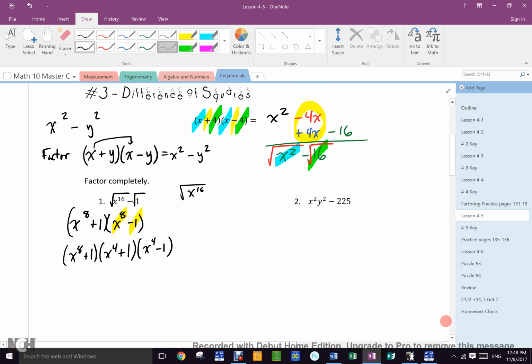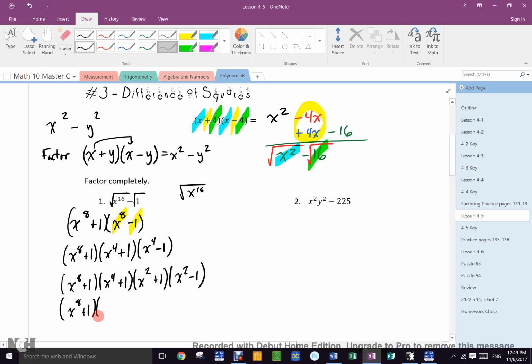Am I done? Why not? Because I can do this again, can't I? X to the 8th plus 1, x to the 4th plus 1, x to the 2 plus 1, and then what do I write? It's x to the 2 minus 1. Am I done? No. No!